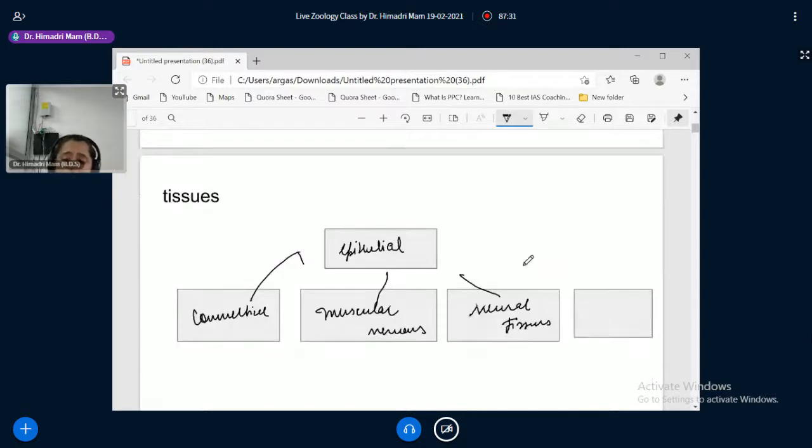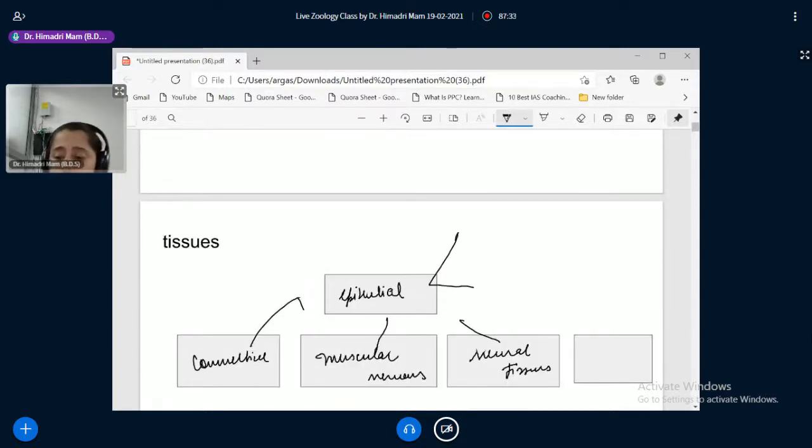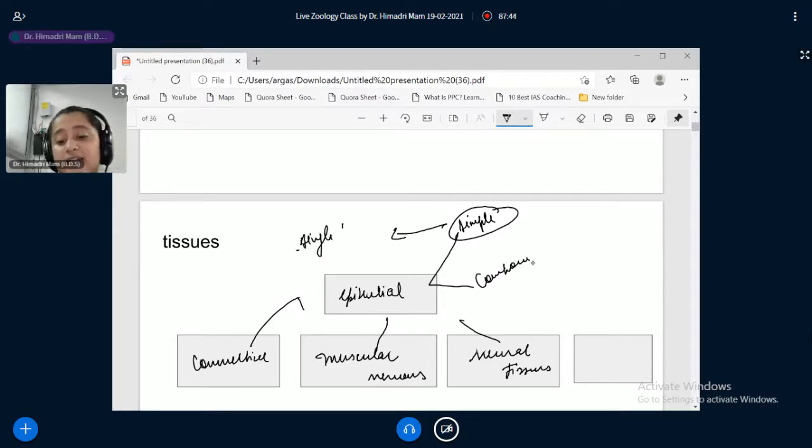Now, epithelial tissue is divided into simple and compound. Simple means only one layer, a single type of cell layer. Compound has 2 or more different types of cell layers.